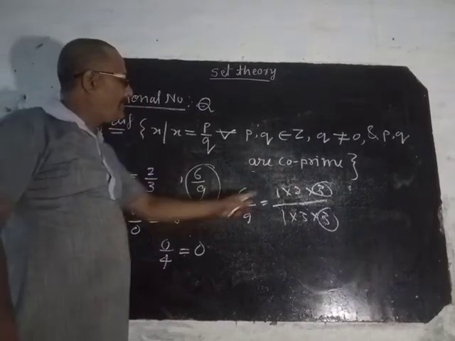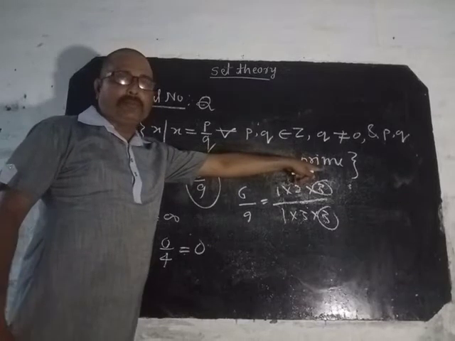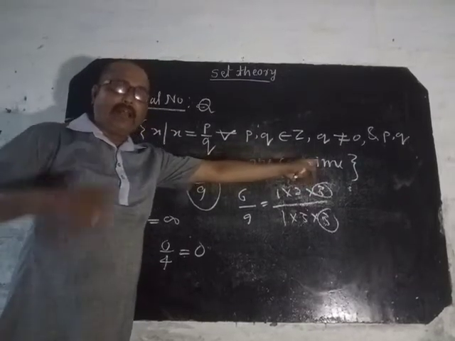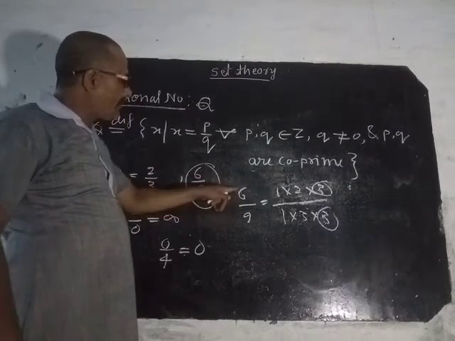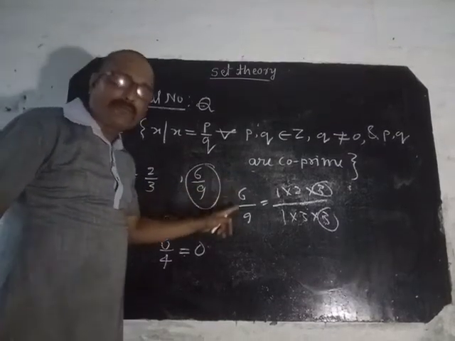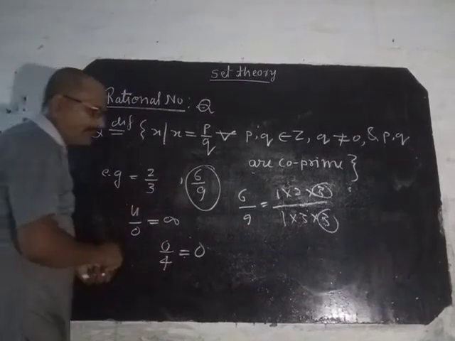If two numbers have only 1 as a common factor, they are called co-prime numbers. Maybe one is a prime number and the other a composite number. So 6 by 9 is not a rational number, it is a fraction, whereas 2 by 3 is a rational number.